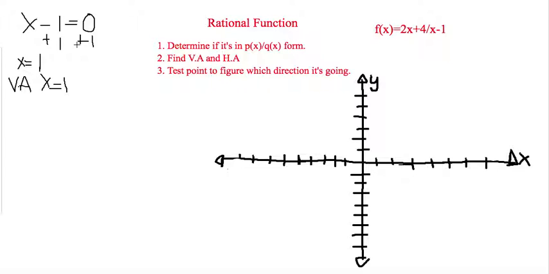Now we have to look for horizontal asymptotes. To find the horizontal asymptote, or the HA, you have to look at the highest degree. For the numerator, we only care about the 2x, right? We don't care about the 4. And for the denominator, we care about the x. We don't care about the minus 1, so it's 2x over x.